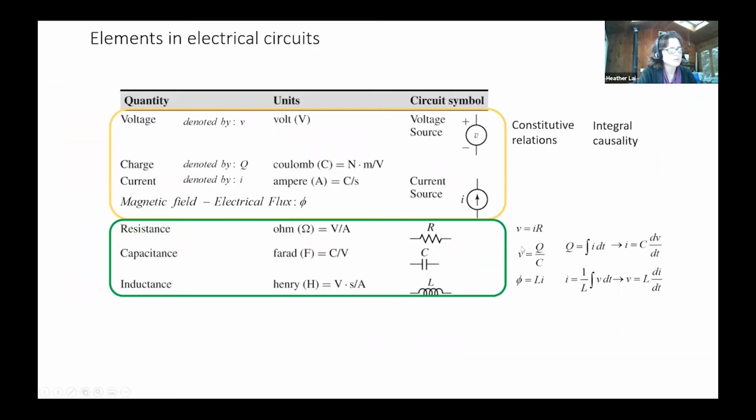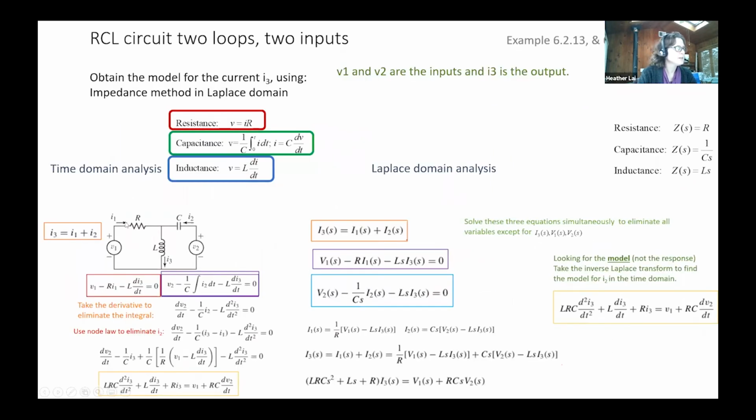So armed with all of this information, we do our modeling in the time domain. So here on the left-hand side, you see the time domain model. And then in the middle here, we also have a frequency domain or Laplace domain analysis, and I can show them how in either case, you're going to end up with exactly the same dynamic model for this.